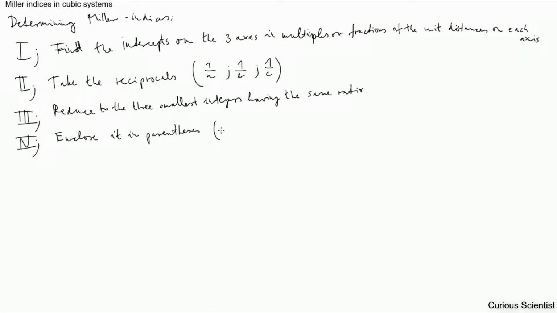So something like, and we have the three numbers. For Miller indices we use H, K and L. So for example we have a unit cell here. I try to draw it nicely.